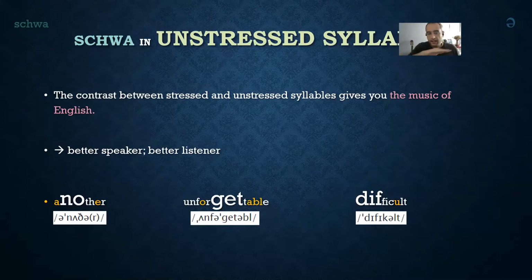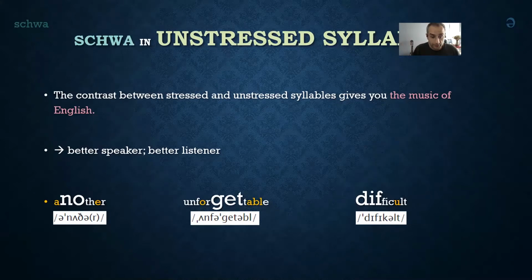All right? Because if you know that schwa is never stressed, whenever I ask you where the stress is, you will always go to another syllable. You will be able to understand how words are stressed, how syllables are stressed, okay? Another, unforgettable, difficult.